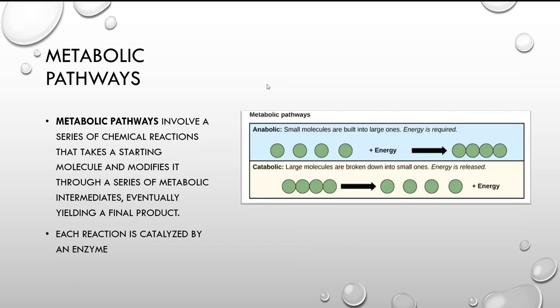So when we're talking about those chemical reactions, we can think of basically breaking or building molecules within our body. Those chemical reactions can be a series of chemical reactions that occur in what we call metabolic pathways.